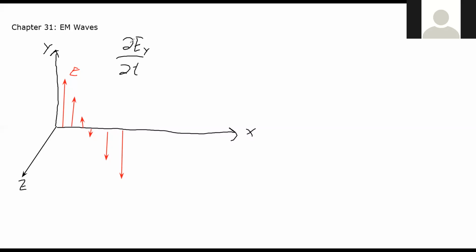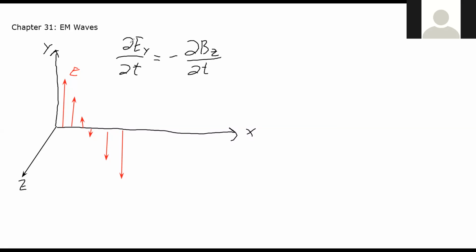Just think of it as dEy over dt, right? It's a time derivative of the y component, and the faster this is changing, as the y component of the electric field changes over time, this gives us a relationship to the magnetic field in the z-axis over time.